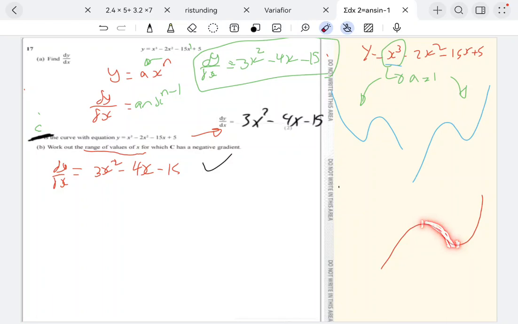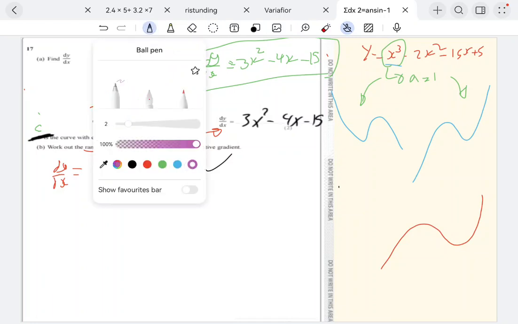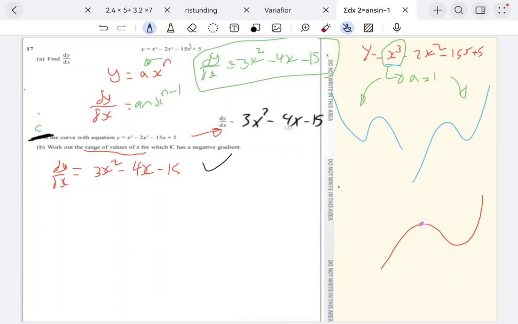How do I get it? If you know that these points are the turning points, these are the turning points. Sorry, spelling is wrong.